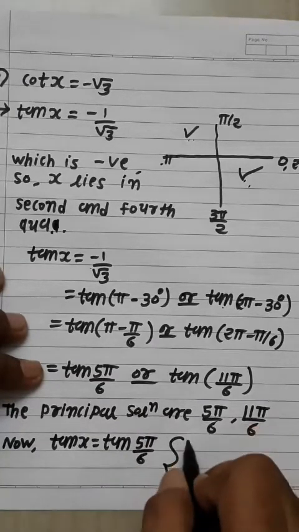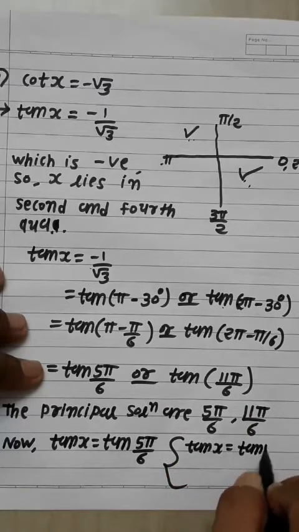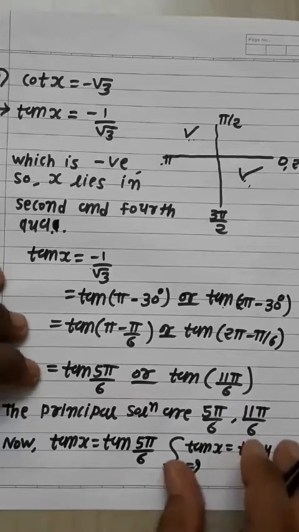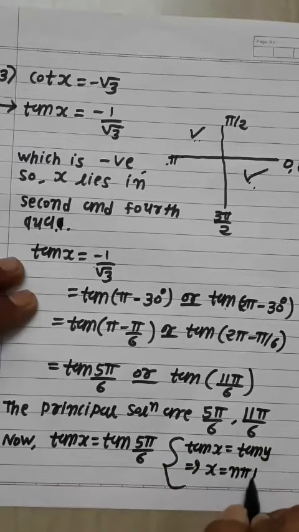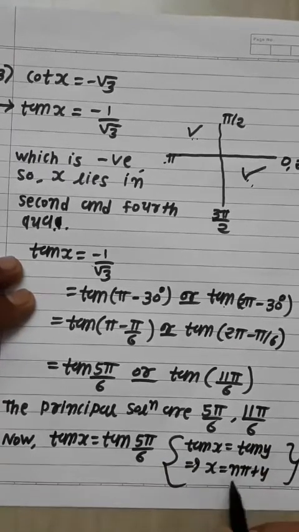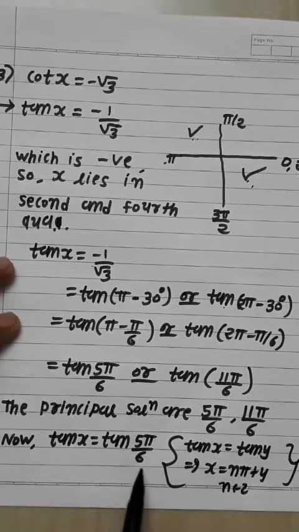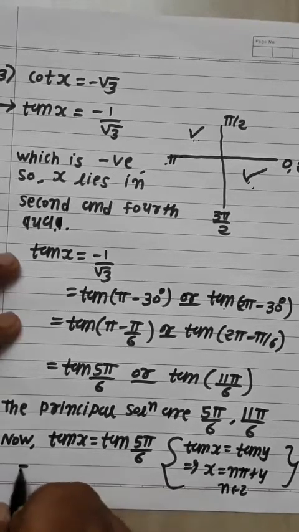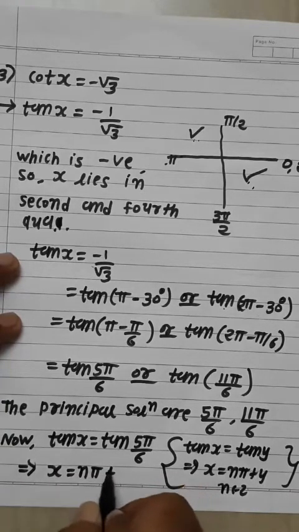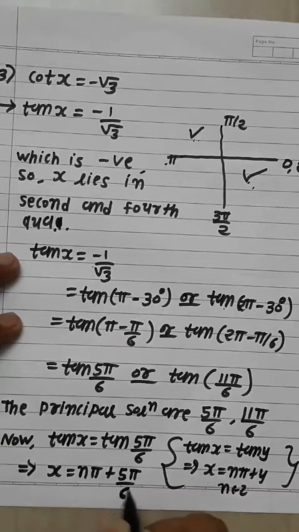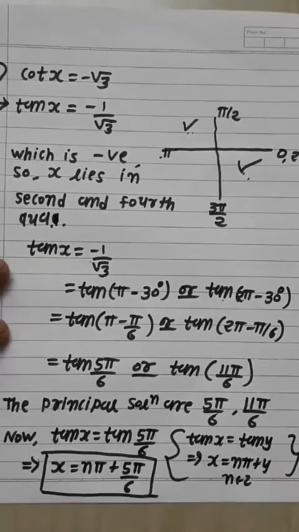So tan x is equal to tan y implies x is equal to n pi plus y, where n belongs to Z. Here y is 5 pi by 6. So our final answer is x is equal to n pi plus 5 pi by 6, where n belongs to Z.